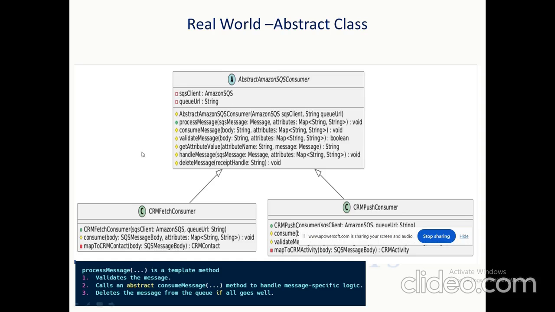The concrete implementations that we see here, the fetch consumer and the push consumer, implement their own domain specific logic, and they can also provide special implementations wherever necessary, like the message consumption and optional validation if it's needed.